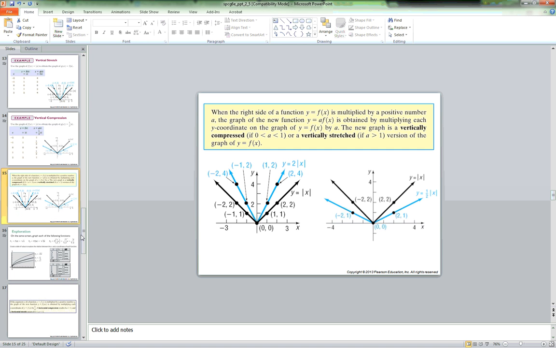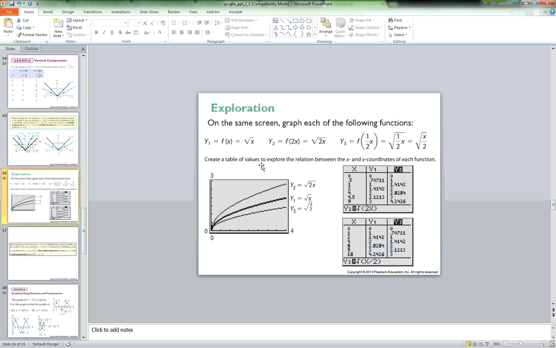Now let's take a peek at our parent function, absolute value of x, which is this bold one right here. This is a horizontal compression, so we're going to replace x with 2x, and it is going to compress or squish. Imagine you have two pinchers, one going this way, one going this way. It squishes this graph, so more of this graph happens in a smaller amount of time.